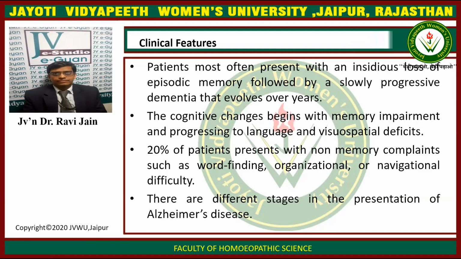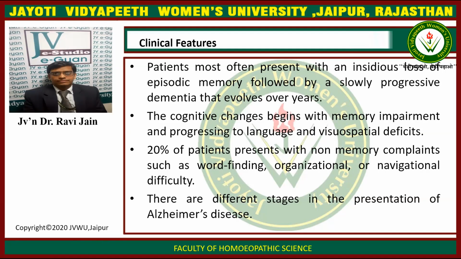The cognitive changes begin with memory impairment. So there are various kinds of memory impairments and progression to language and visuospatial deficits. In around 20% of patients, they present with non-memory complaints.